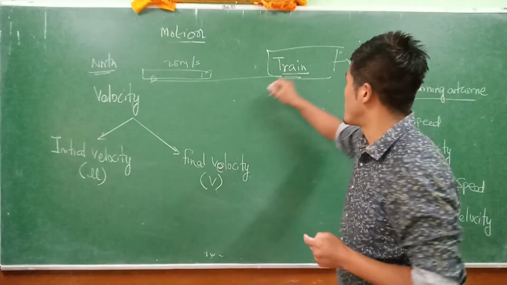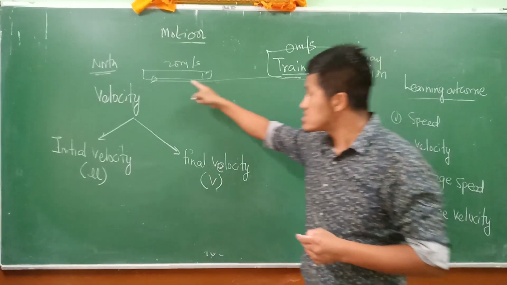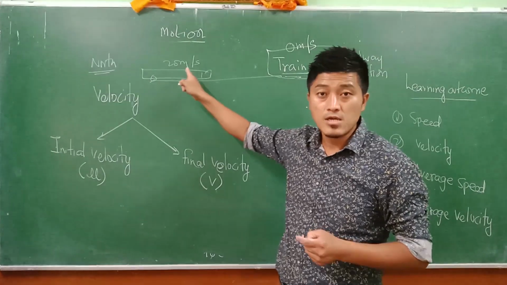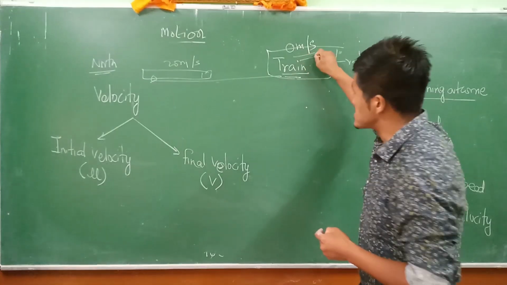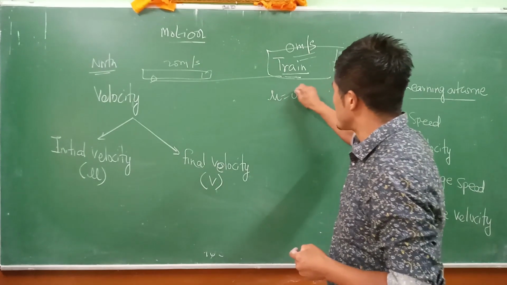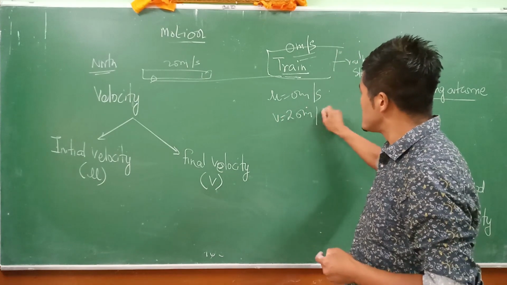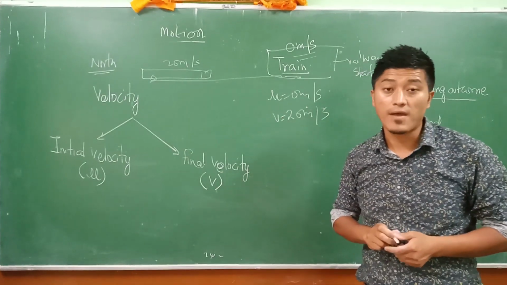So there are two kinds of velocity: 0 meter per second at the railway station, and now it's moving at 20 meters per second. So the starting velocity is the initial velocity. Your u is 0 meter per second, whereas your v is 20 meter per second. This is how you're going to identify.